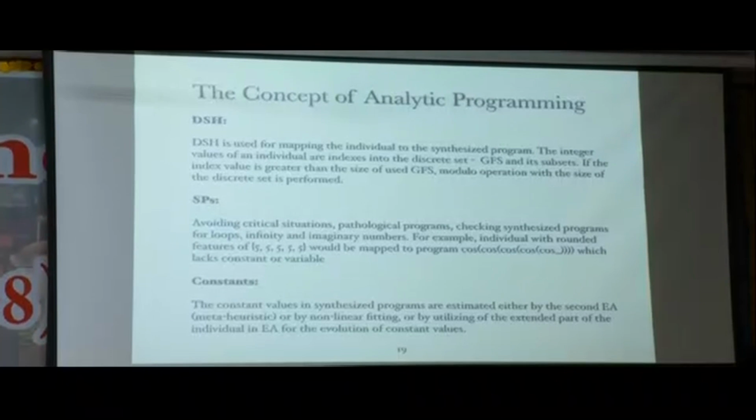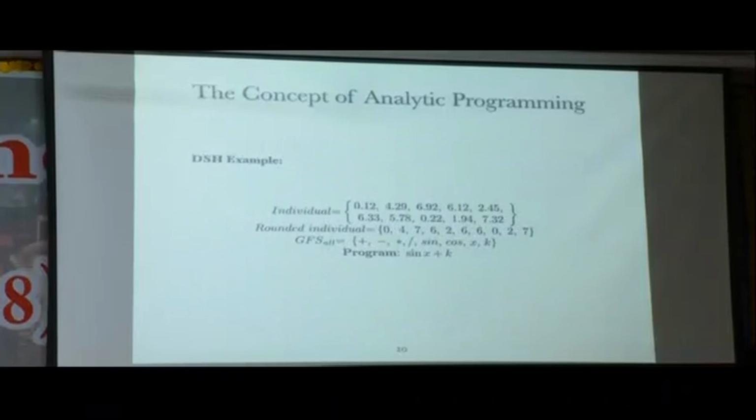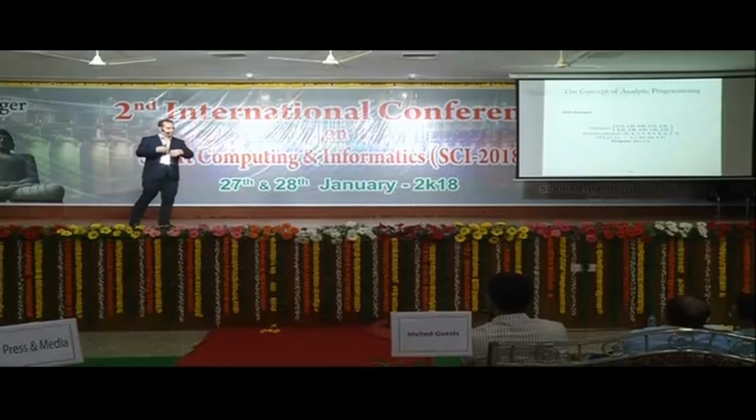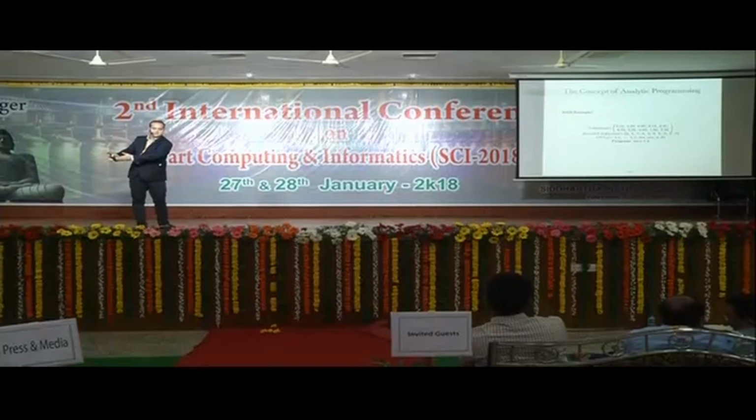So here is some example, maybe. Okay. So for example, this is an example of discrete set handling. We've got the individual. So the evolutionary algorithm will give us such an individual, 0.12, 4.29, and so on. Then we have to do some rounding, because we cannot link 4.29 to some position in some discrete set.